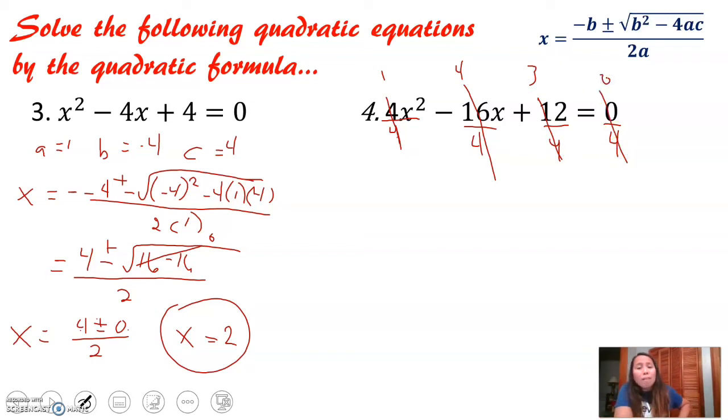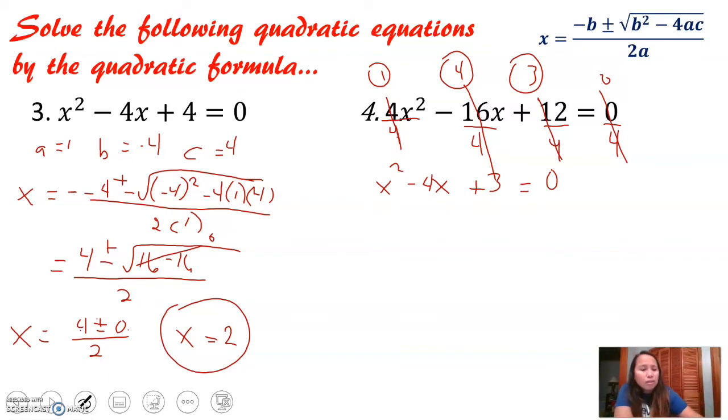So basically, I'm just simplifying this quadratic equation by my basic knowledge about fractions. So now I have x squared minus 4x plus 3 equals 0.